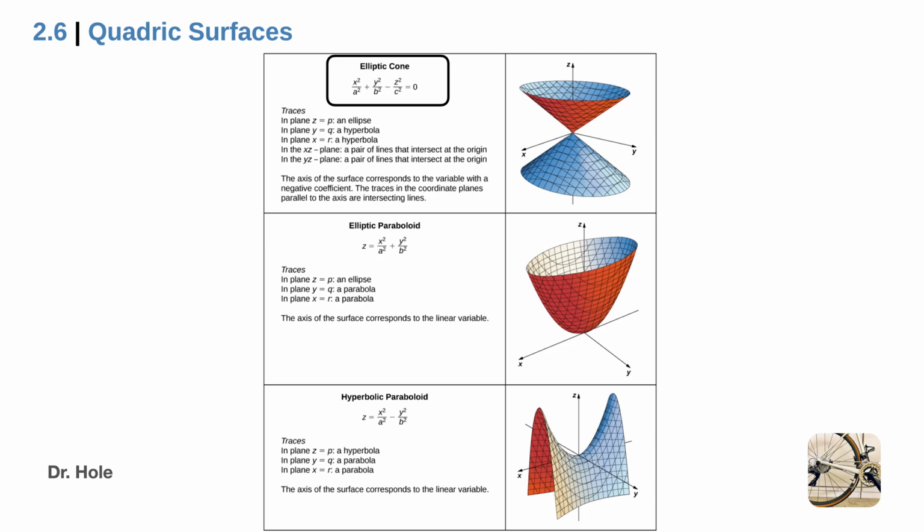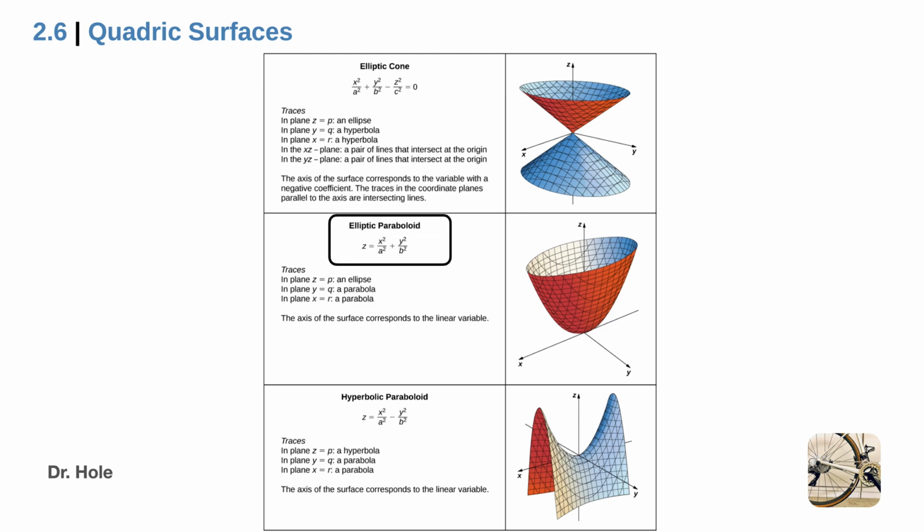Good. Here on the elliptic cone, everything is quadratic. The variable with the minus sign corresponds with the axis of symmetry. In the elliptic cone, horizontal traces are ellipses, vertical traces are hyperbolas. Note, in the elliptic cone, all of the variables appear quadratic, degree 2.